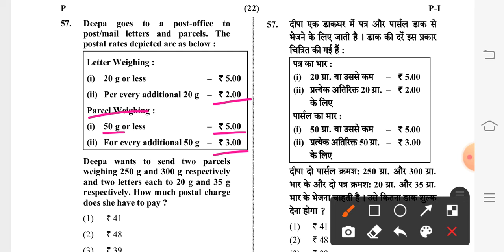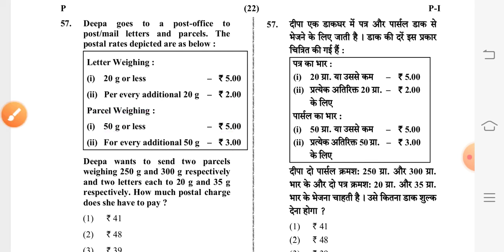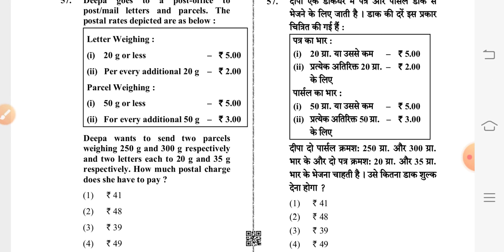So Deepa wants to send two parcels of weighing 250 grams and 300 grams respectively, and two letters each of 20 grams and 35 grams respectively. How much postal charge does she have to pay? Fourth one is correct option, 49 rupees.